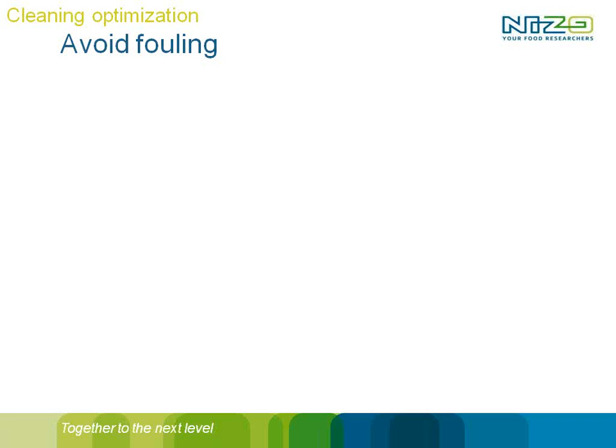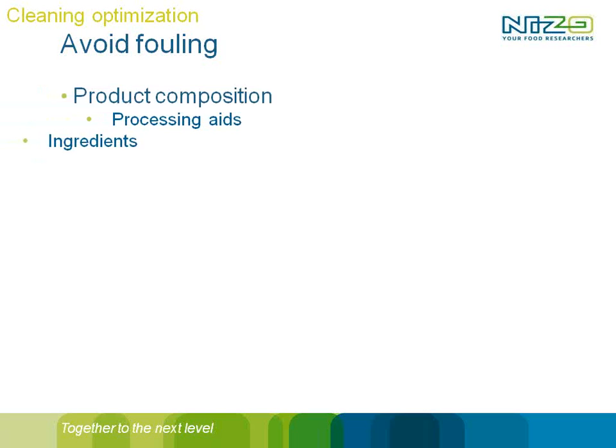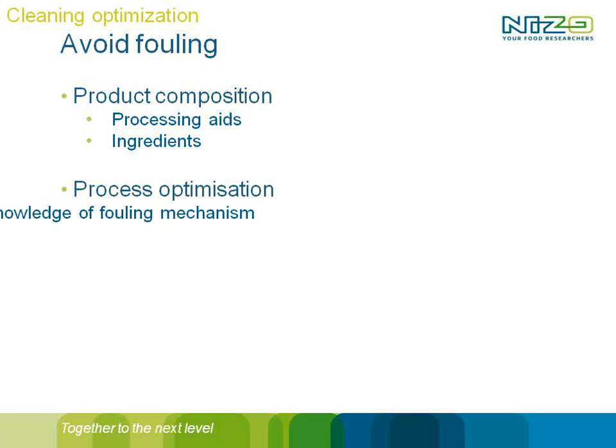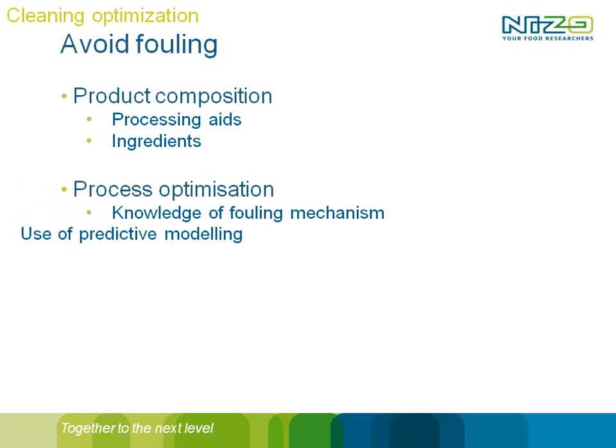So to start with the avoidance of fouling, there are a lot of factors which are influencing fouling, and you can avoid them by adding processing aids. I will show an example, but you can also look at the composition of your product. Specific components are causing a higher fouling rate than other ones. You can think of optimizing the process itself.